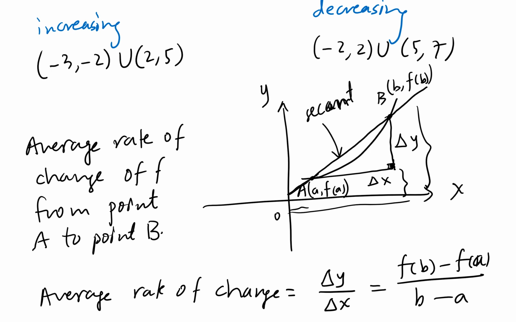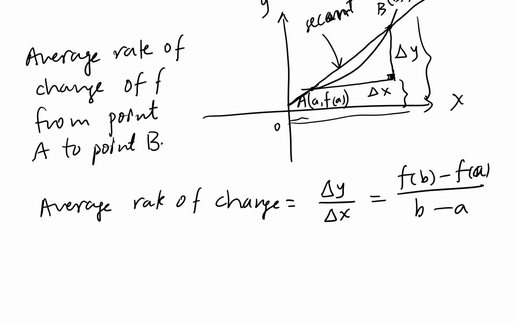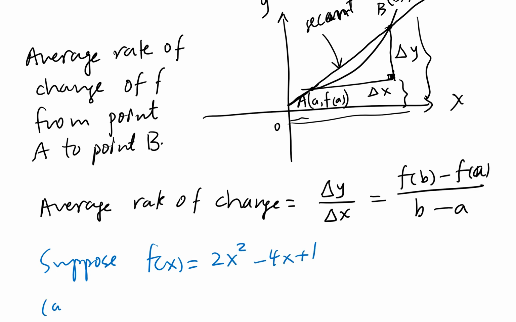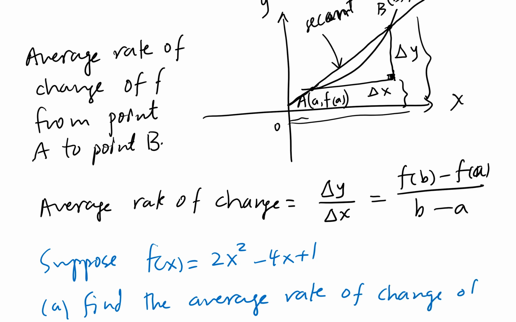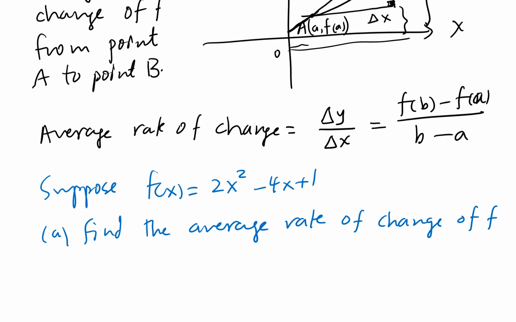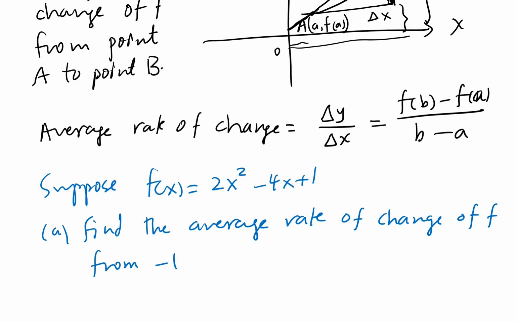So if we need to apply this to an example, suppose that f of x is equal to 2x squared minus 4x plus 1. Part A, find the average rate of change of f from -1 to 2.